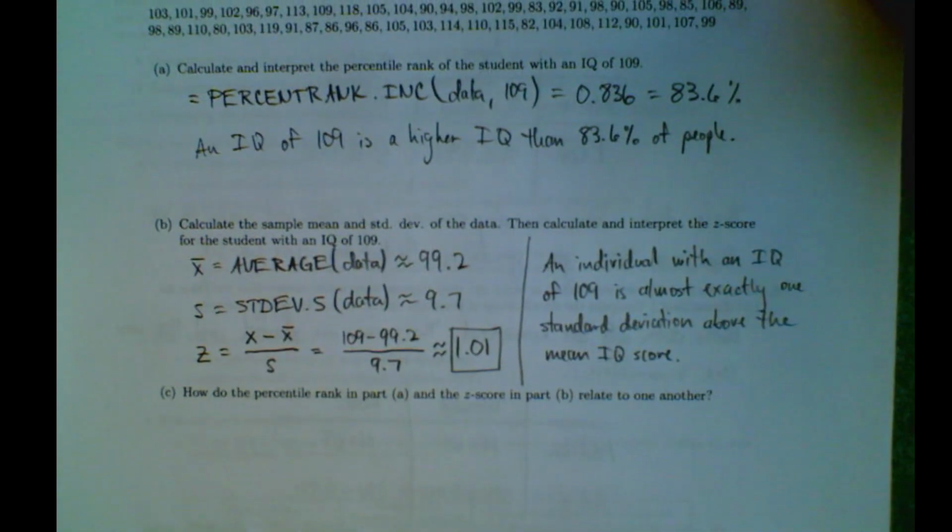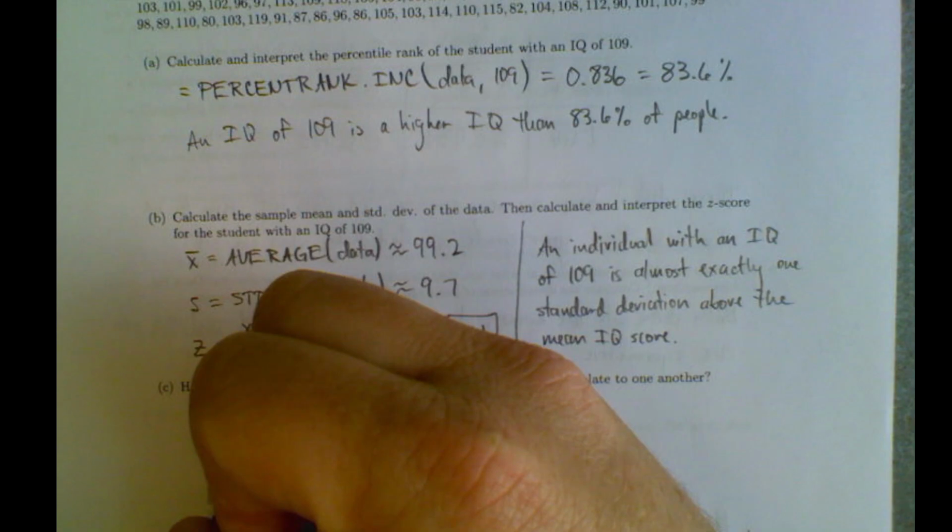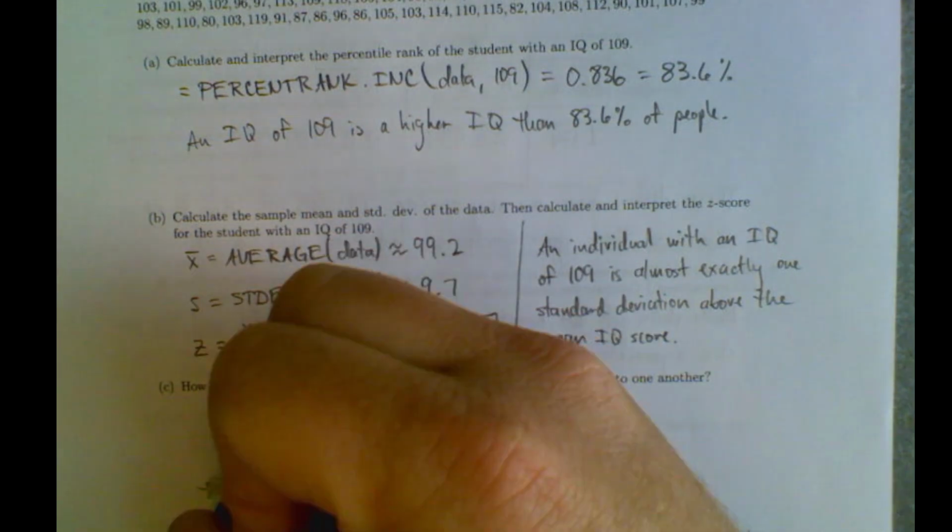Okay, part C asks, how do the percentile rank in part A and the z-score in part B relate to each other? Which is kind of a vague question, but the reason I put it in here is because I wanted to emphasize how the empirical rule ties percentiles and z-scores together. So let me just draw a quick picture here.